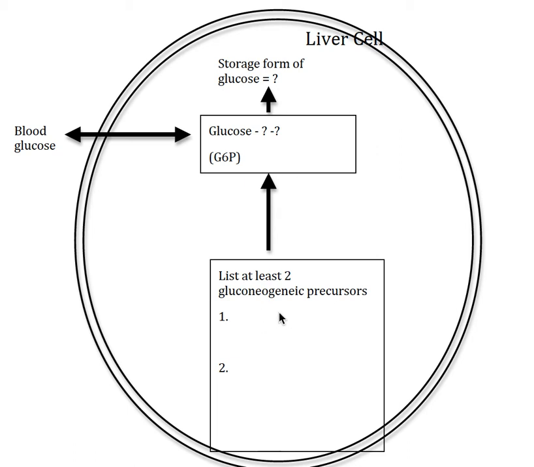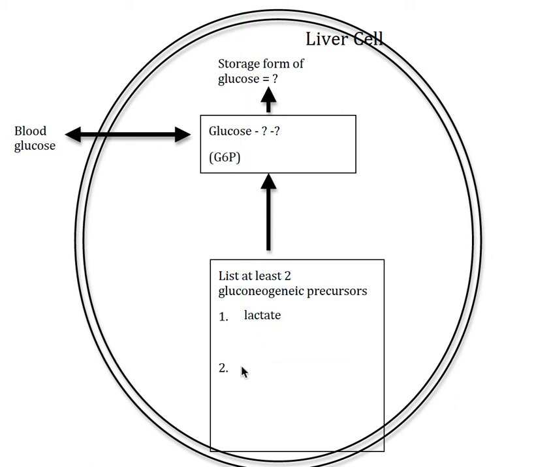The bottom part of this circle asks to list two gluconeogenic precursors, and those could be lactate. So lactate can be a gluconeogenic precursor.